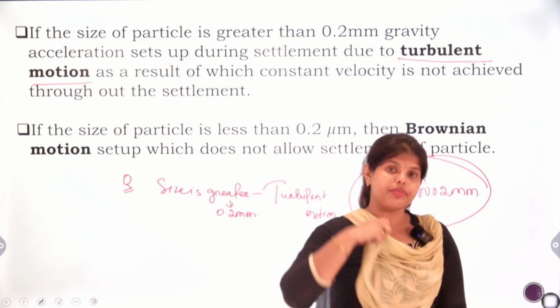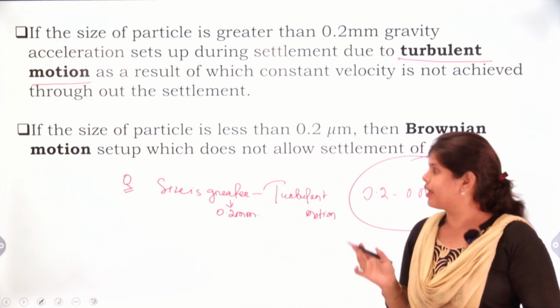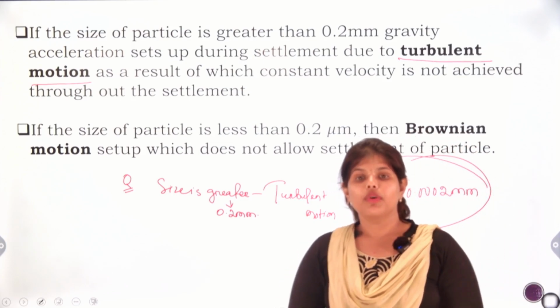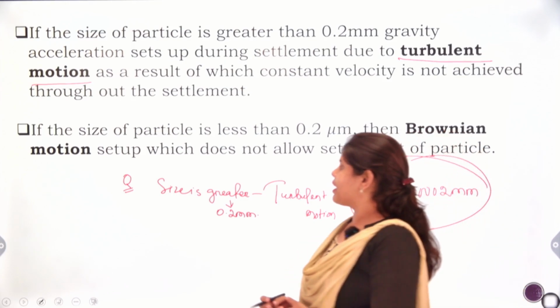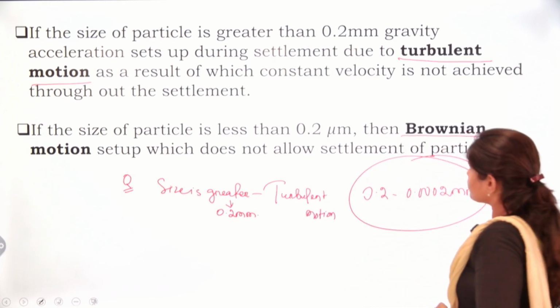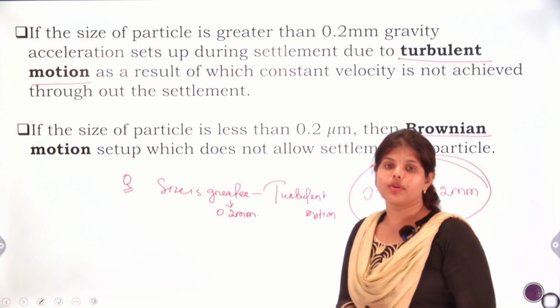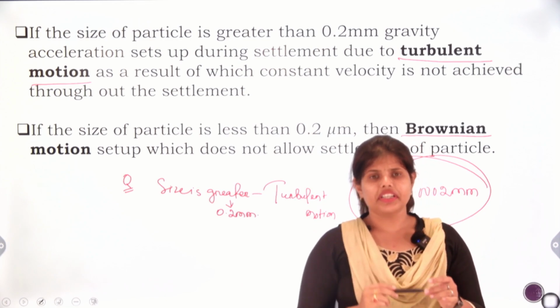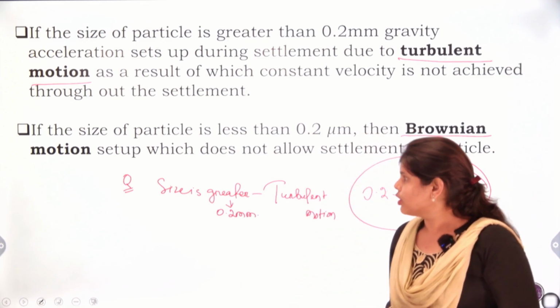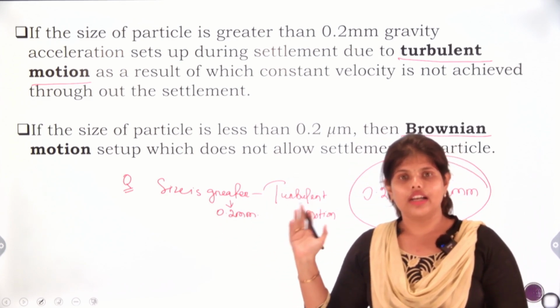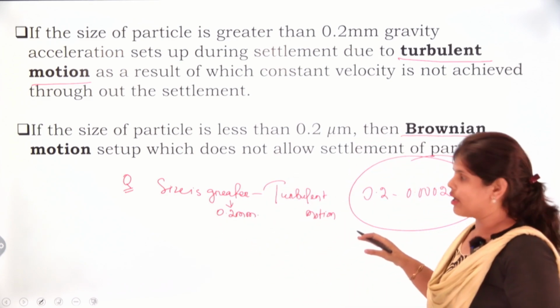If the size is smaller than 0.2 micrometer, that is 0.0002 mm, what happens? Brownian motion is set up, which doesn't allow settlement of the particles. As the particle size is very minute, Brownian motion doesn't allow the particles to settle down.